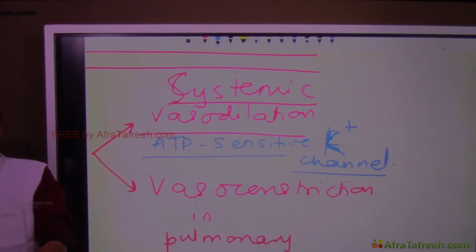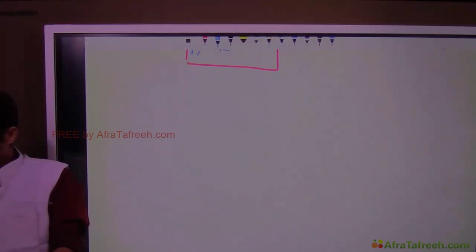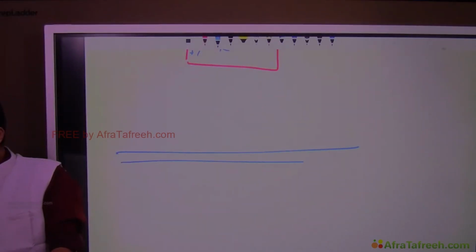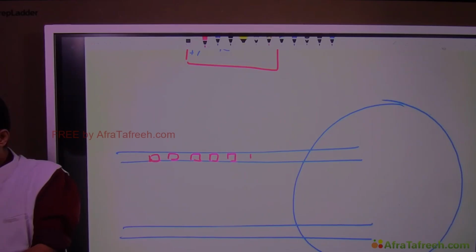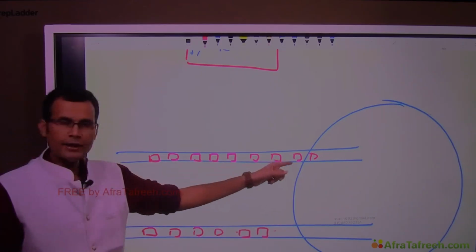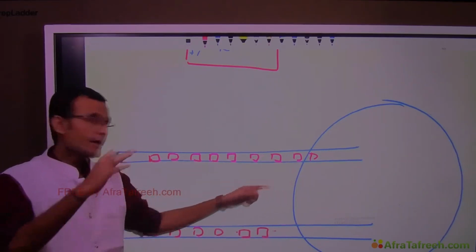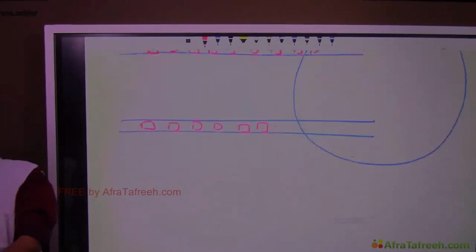The other type is the ATP sensitive potassium channel. So what happens in the systemic blood vessels? Let's say here is a systemic blood vessel, and in this region there is hypoxia. Again, in the wall of the blood vessel there are these smooth muscle cells, and the smooth muscle cell's membrane has ATP sensitive potassium channel.